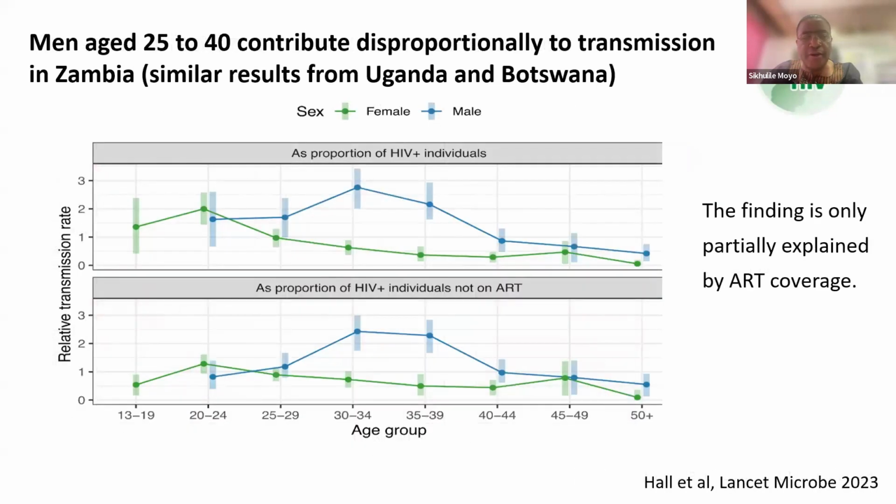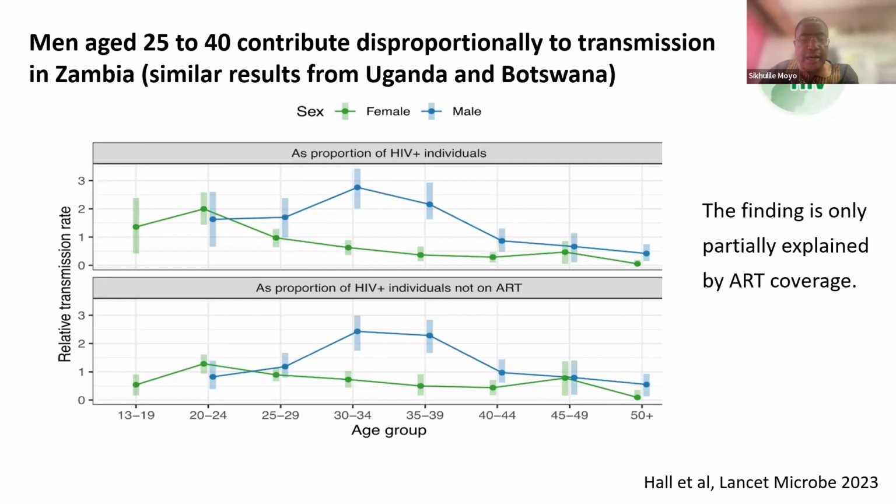What we've also quantified in this graph that you see here, data that we have taken from one of our studies, HPTN 071, is the relative likelihood of being a transmitter as a proportion of all persons living with HIV in the top panel, and the proportion of all persons living with HIV not on ART in the bottom row.